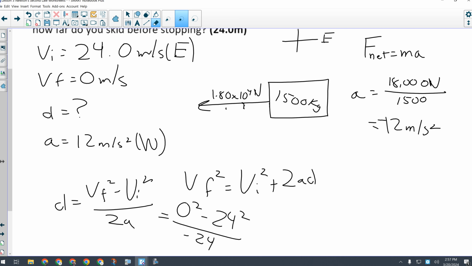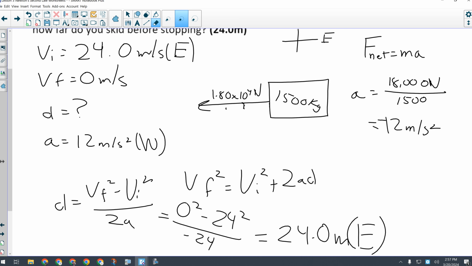So 24 squared divided by 24 should be 24. I'm just thinking out loud. Sorry, it'll be 0 minus 24 squared, so I'm going to have a negative number on the top divided by a negative number on the bottom, and I'm going to get 24.0 meters.